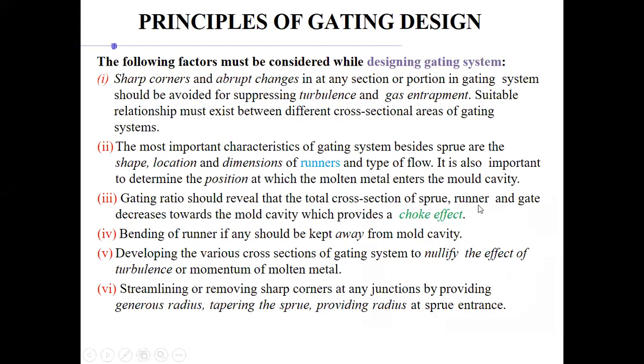Now you see the principles of gating design. What principles should we keep in mind, right? These have come out of experience. The following factors must be considered while designing a gating system. Sharp corners and abrupt changes in any cross section or portion in the gating system should be avoided for suppressing turbulence and gas impact, right? Sharp corners in the sense like this.